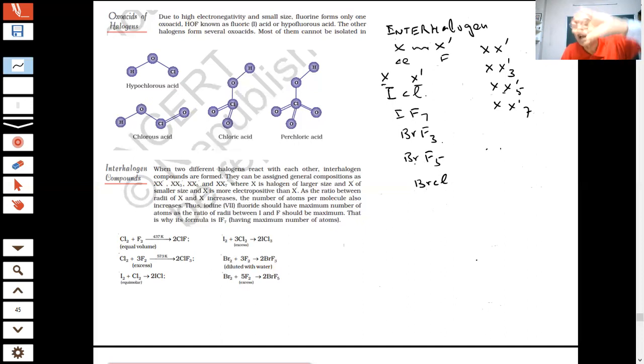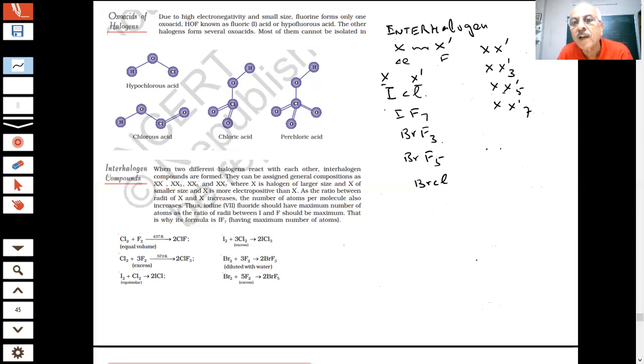Larger size, then surrounded by certain other halogens, which must be smaller than this. How can it hold them otherwise? The larger it is, the more it can hold. If it is small, then how is it possible that it can hold large? For example, you have seen IF7.